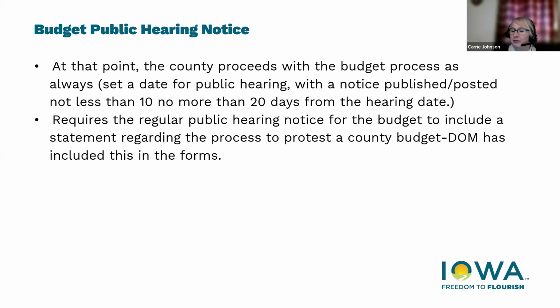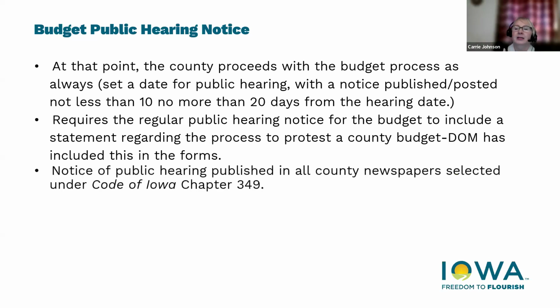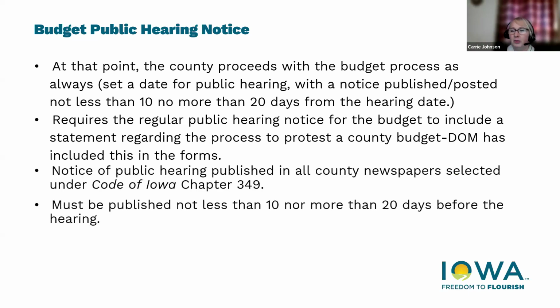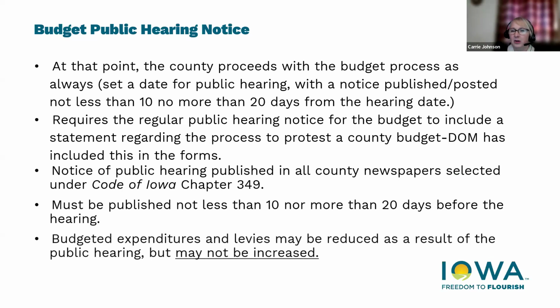It is included in your form automatically from us. Again, you have to do it in all your county newspapers, not less than 10, no more than 20 days before the hearing. And when you do adopt your budget, again, you can't increase tax from what was proposed at the first hearing. At this hearing, you can continue to go down, but you can never go up.